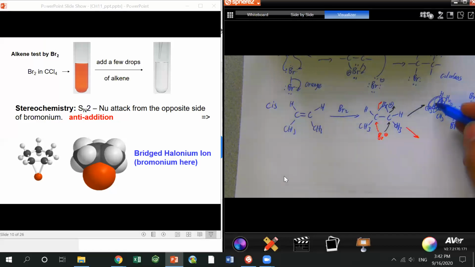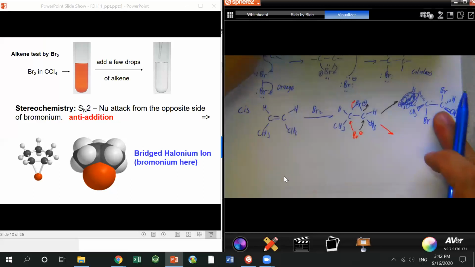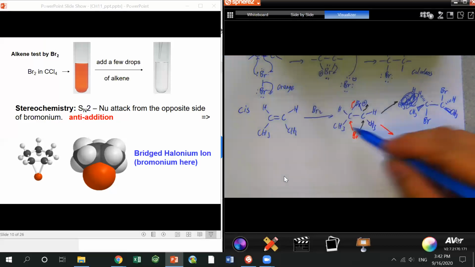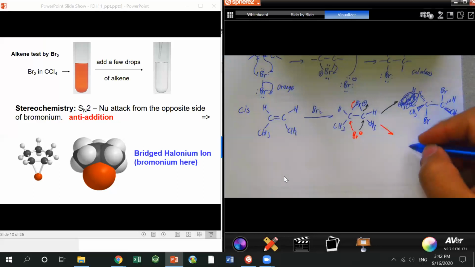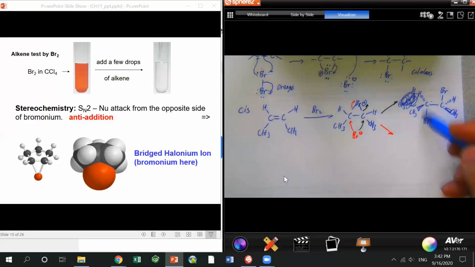So that's from the black, the attack on the right carbon. Actually, this one should be the red one. So attacking the last carbon, the right carbon, should give a product like this.